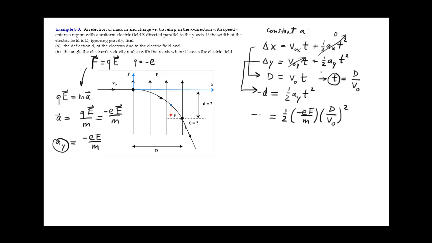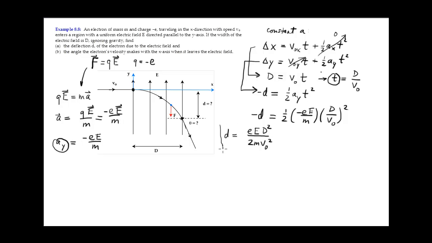And note that the minus signs on both sides of the equation cancel out, which makes sense because d is just a distance. But when I put the minus sign in, I guaranteed that this would work out properly. So d is, we're just going to get little e, big E, capital D squared, all over 2m v0 squared.